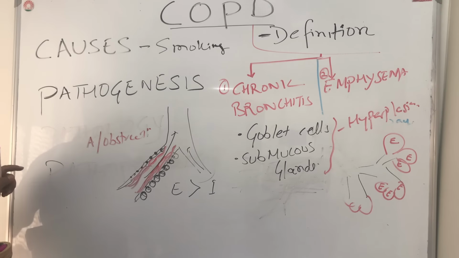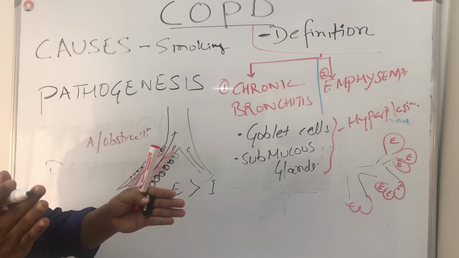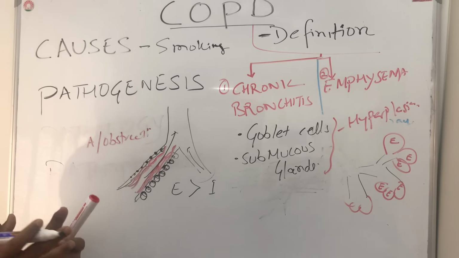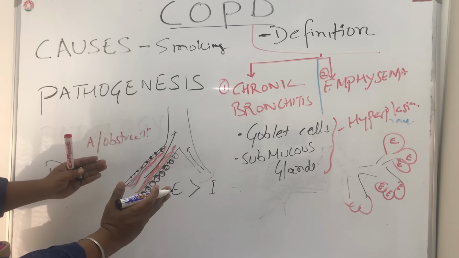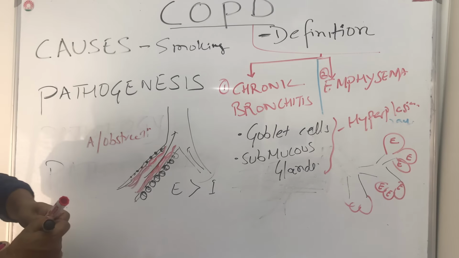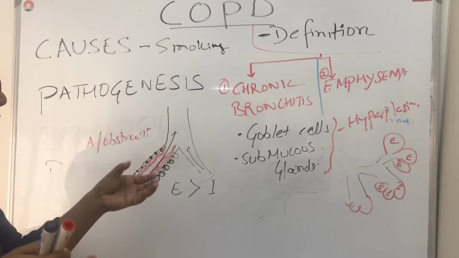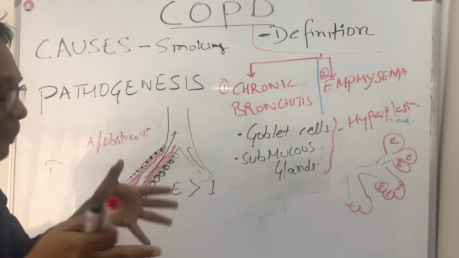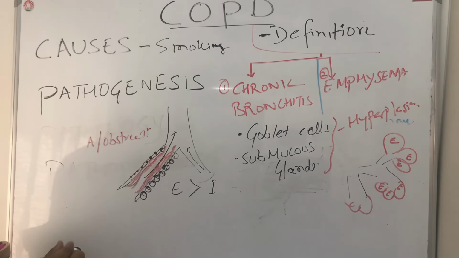Now why is that? Because normally in inspiration, these airways are physiologically dilated when we take a long breath. And in expiration, everything is recoiling. When we are exhaling air, these airways are recoiling back, so they physiologically become smaller in diameter.